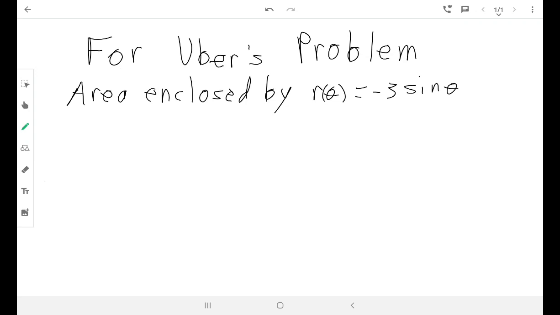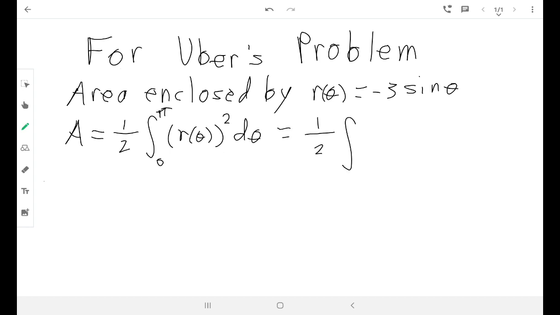And I found the way to do that, and the key is that the area enclosed by a polar coordinate function is equal to 1/2 times the integral from whatever to whatever for the enclosed region, in this case from 0 to pi, of that function squared d theta, which means we're doing 1/2 times the integral from 0 to pi of -3 sine theta all squared d theta.